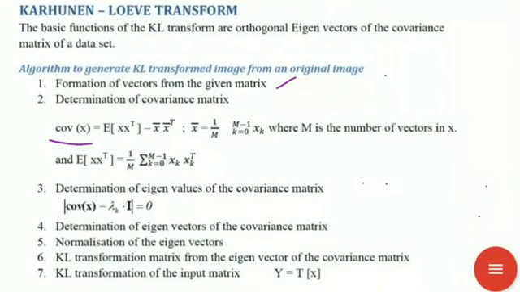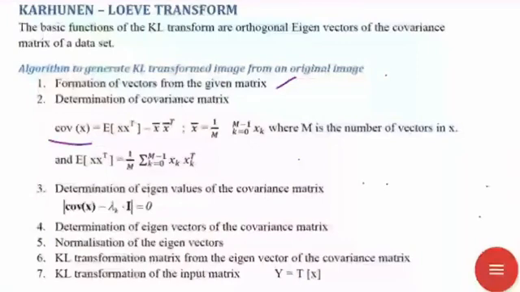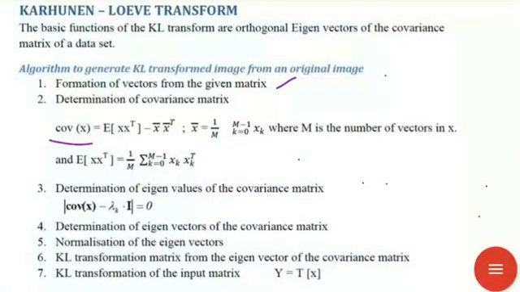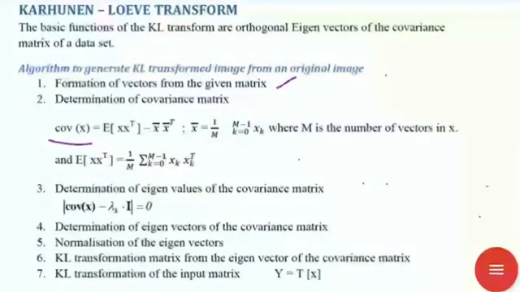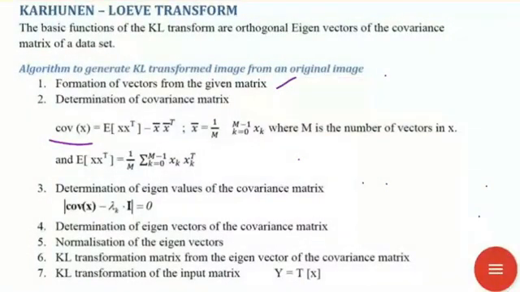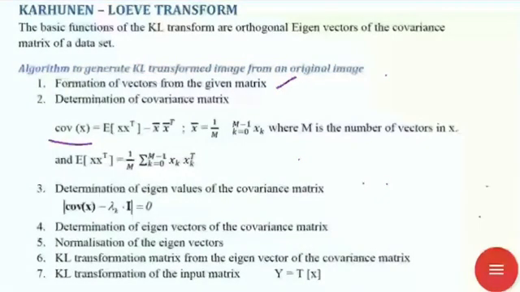So here, find the sum of all individual vectors in x and then divide the added value by the total number of vectors in x. That is the average value, x bar. After getting x bar, do the transpose of x bar and then multiply x bar with x bar transpose.